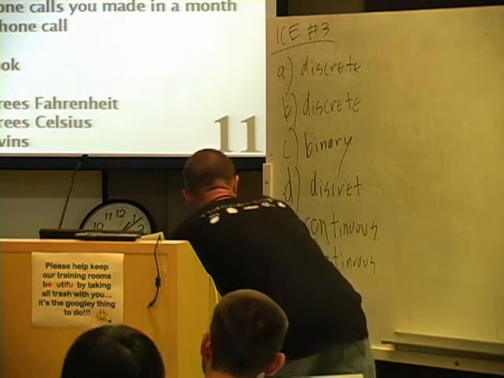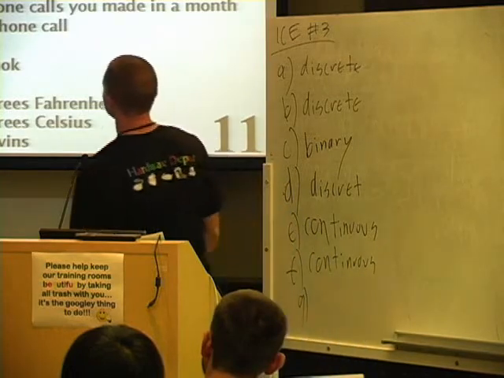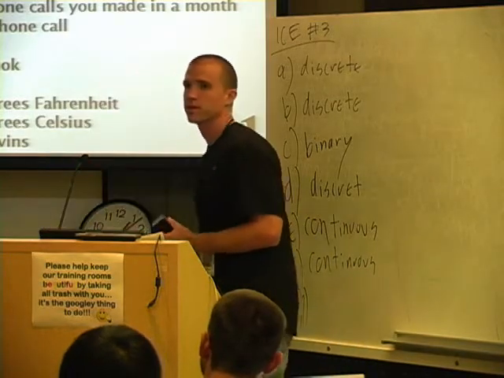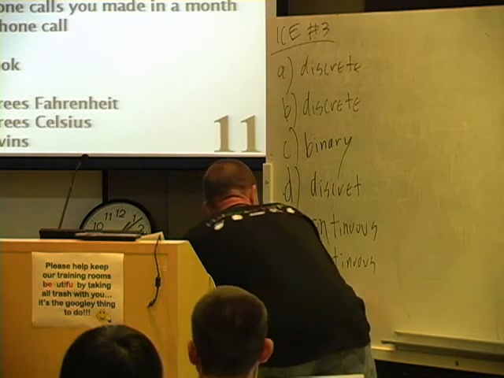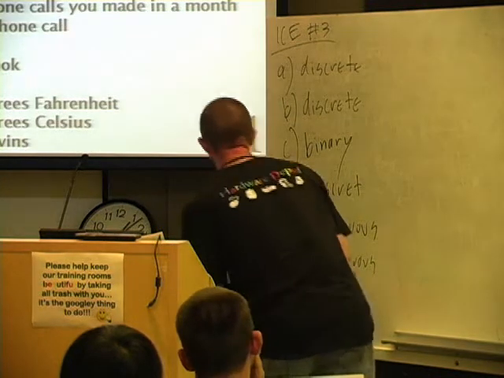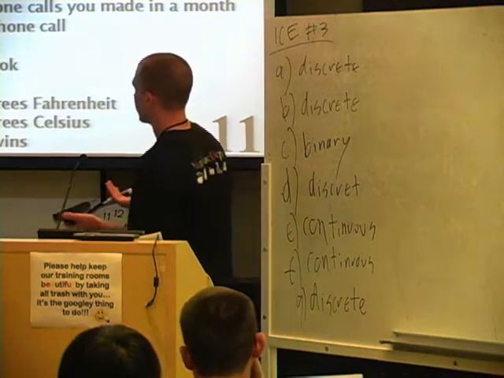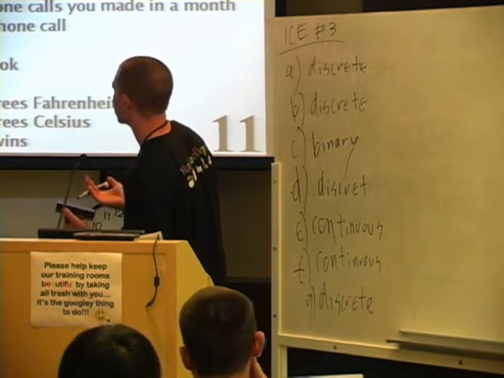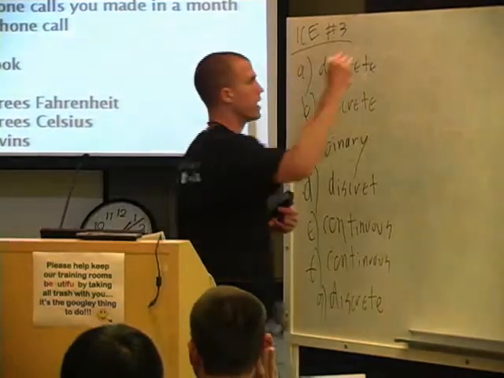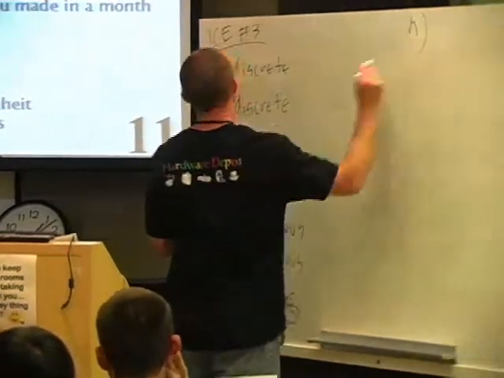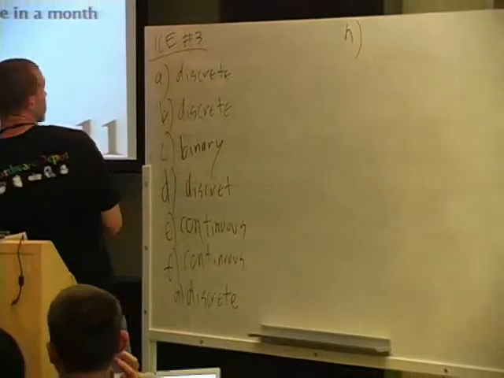F, G. Price of your textbook, what did we say this one was? Discrete, right? Because if Amazon is trying to store prices of books, they don't really need to allocate a float for that. It's only going to have 2 decimals, so we'll say that one's discrete. As long as it's money that you're spending, you can't have any more than 2 decimals. H, your zip code.